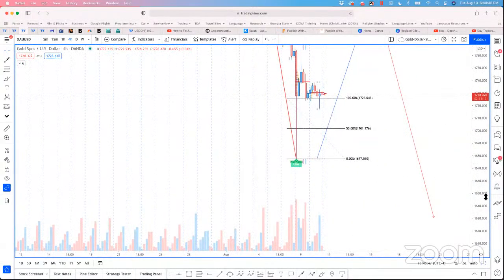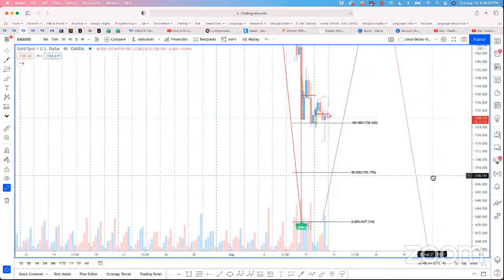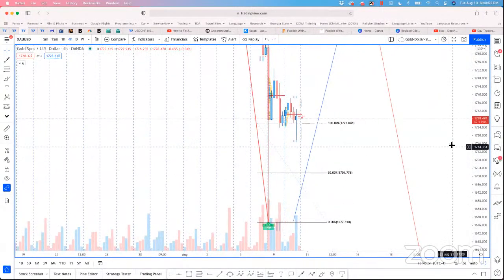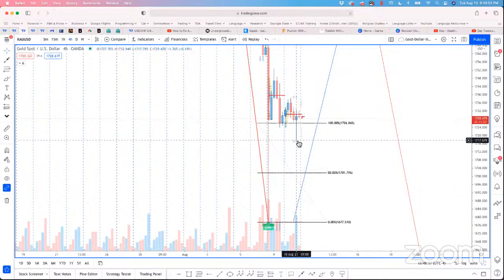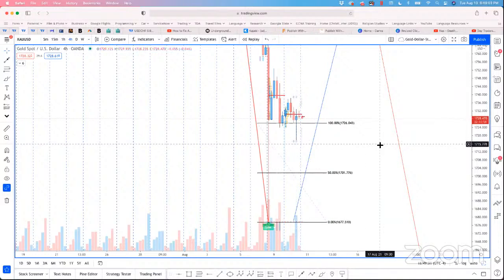It went to my TP1 though, my 18 mark, and then it just bounced from there. I thought it was gonna push a little lower though. I wanted it to, but it's kind of acting weird, maybe because of all the stuff that's going on.